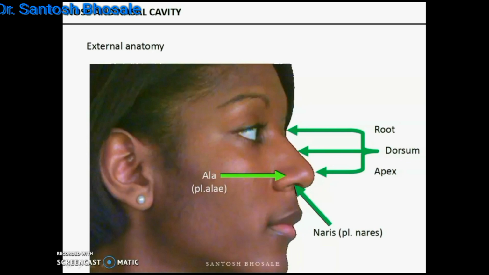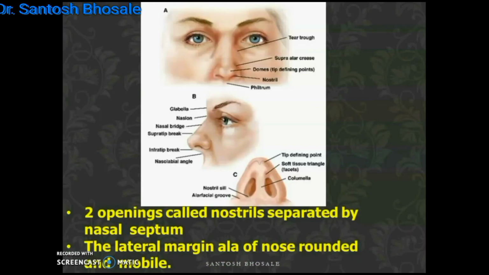Anterior nares are the openings in the inferior aperture of the external nose. You can see here in the lowest diagram the nostrils on either side of a soft tissue called the columella, and they are guarded by the ala of the nose or wings of the nose.